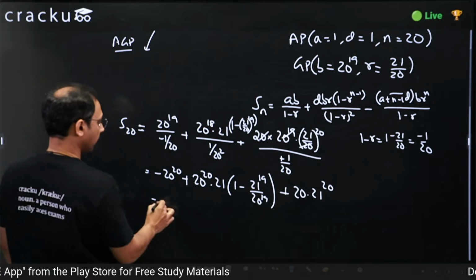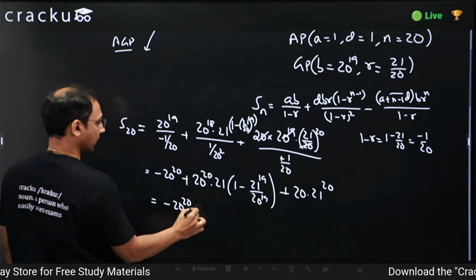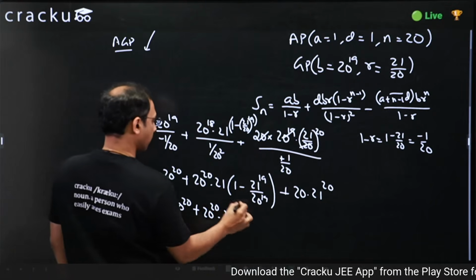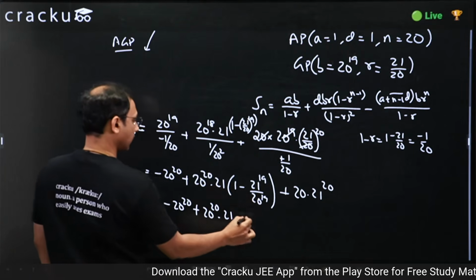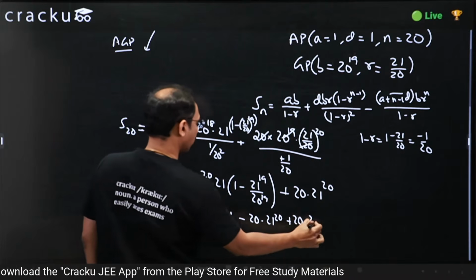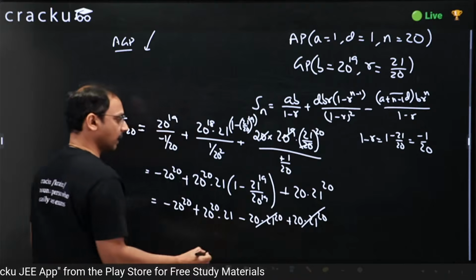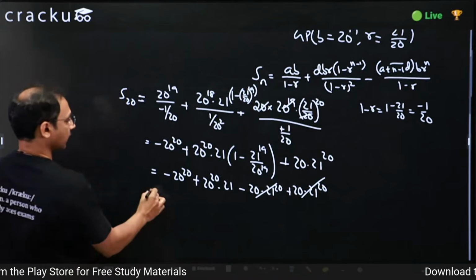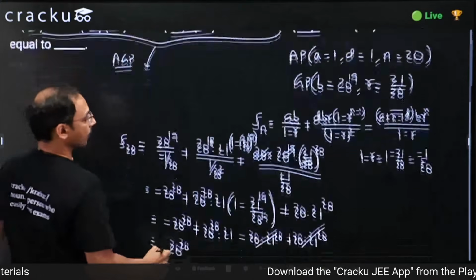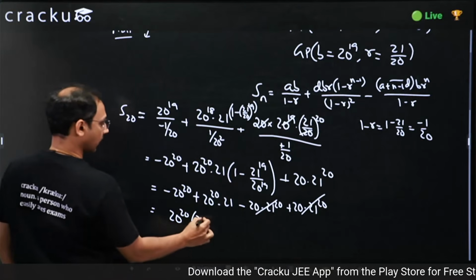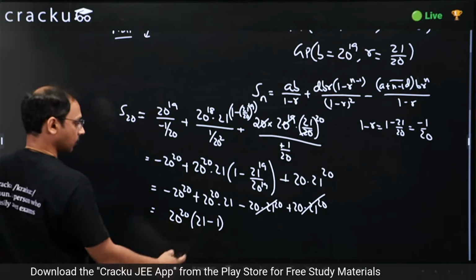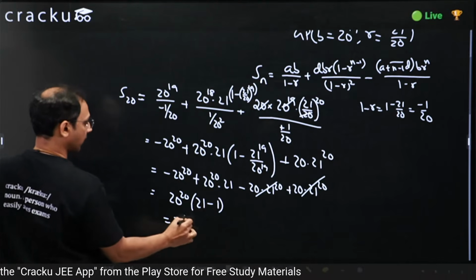When I open it, I get minus 20 power 20 plus 20 power 20 into 21 minus 20 into 21 power 20 plus 20 into 21 power 20. So this big number is getting cancelled off. Here if I take 20 power 20, I am getting 21 minus 1. So this is another 20, so I will get 20 power 21.